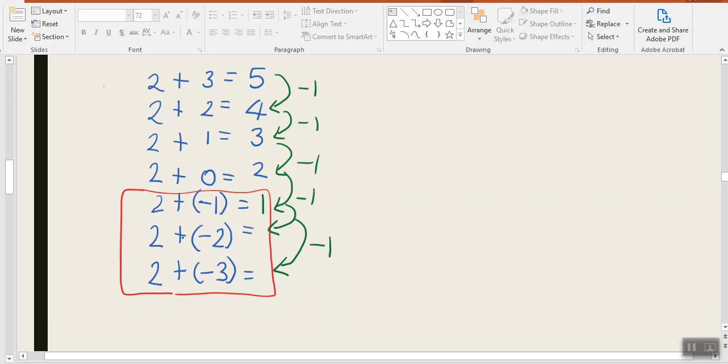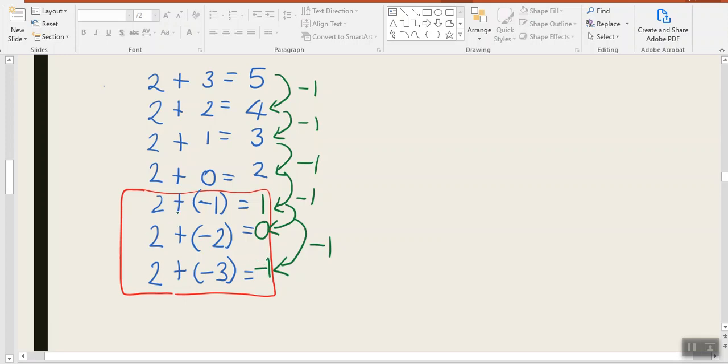And 2 plus a negative 2, so 5, 4, 3, 2, 1, should be a 0. And 2 plus a negative 3, well, 0 minus 1, my next number in my pattern would be a negative 1. And they are the answers for these last 3.